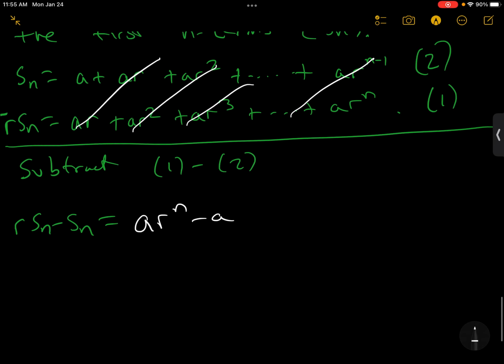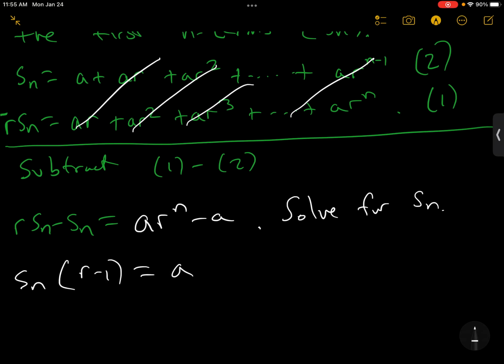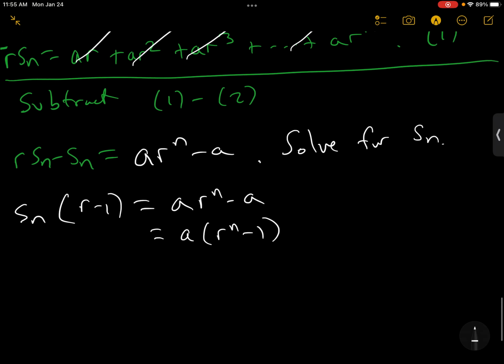Okay, and now we solve for Sn. So factor the Sn out of here. Okay, and then rewrite the left-hand side here. You get A times r to the n minus 1.